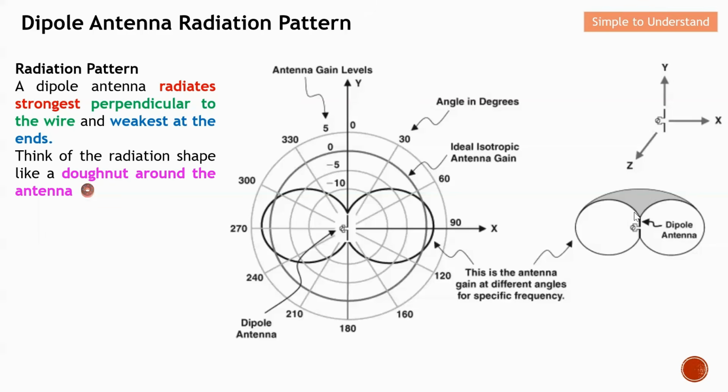As I mentioned earlier, they are the weakest at the end over here, so there is a hole right on top. With this, you can probably visualize that the dipole antenna radiation pattern looks like a donut when we look at this top view.